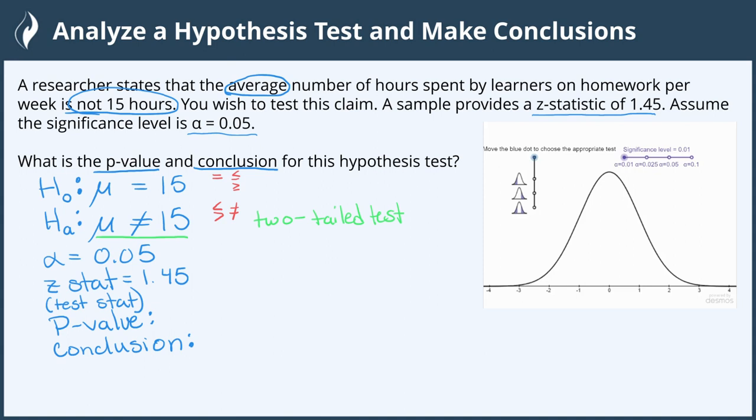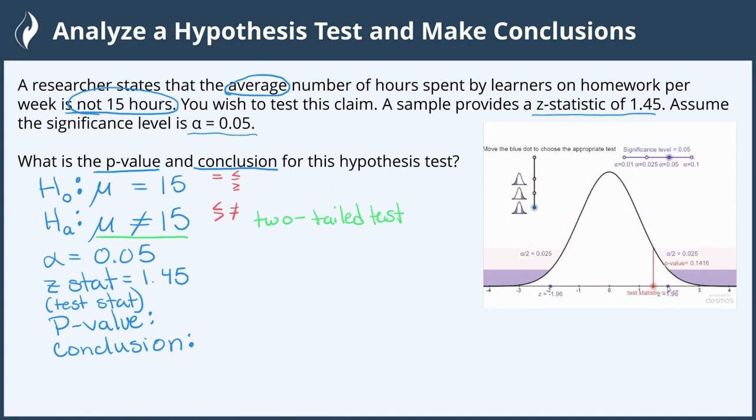So let's open up our tool, and we're going to choose the two-tailed test by clicking the dot and bringing it down to two tails. Then we need to change our significance level to 0.05. So we'll click the purple dot and move it over. And then the last thing we need to do is adjust our z-statistic to 1.45. Sometimes it's a little finicky, so we have to get in there really close.